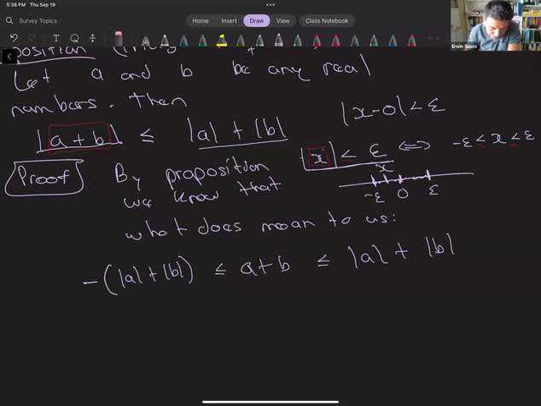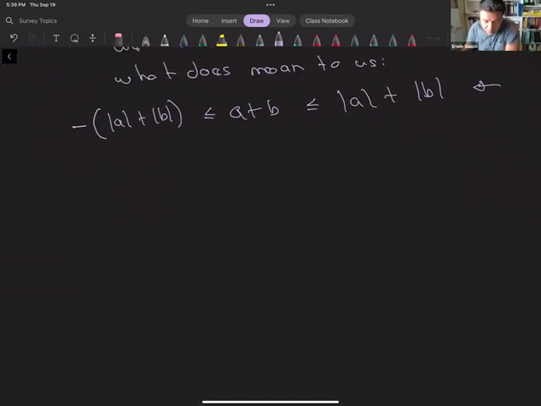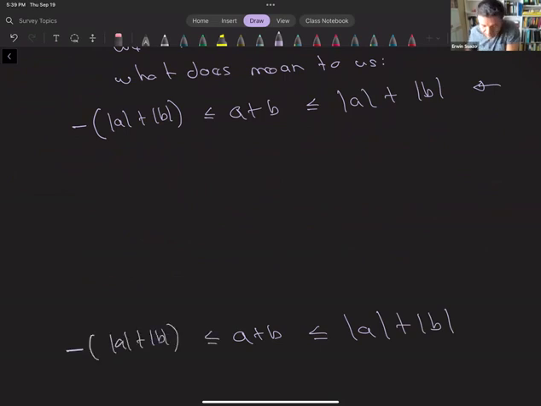What does it mean? So this is equivalent to proving this. We need to prove that, so I'm going to put it at the end. That's what I want: a plus b less or equal than the absolute value of a plus the absolute value of b, and bigger or equal than minus the absolute value of a plus the absolute value of b.